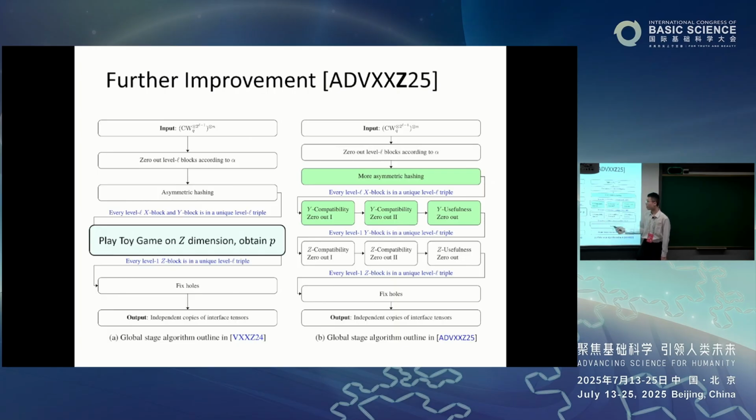Technically speaking, the toy game on z dimension requires some uniqueness conditions on the other 2 dimensions, x and y, which means that if we are going to play the game on z, then we cannot play the game on x and y in other steps of the algorithm. So that's why we are only playing it once.